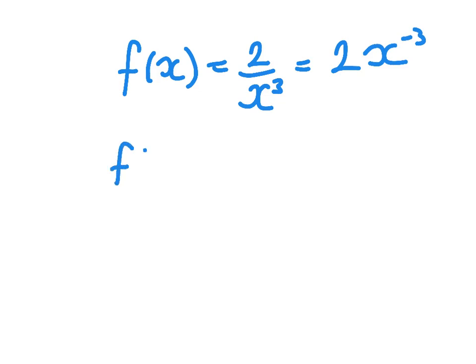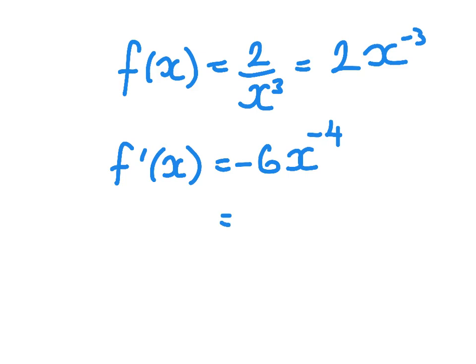Now I can differentiate. I'll multiply by the power. Negative 3 times 2 is negative 6. And I'll reduce the power by 1, which is negative 4. I'll tidy it up so that I don't have a negative indice in my answer. Negative 6 over x to the power of 4.